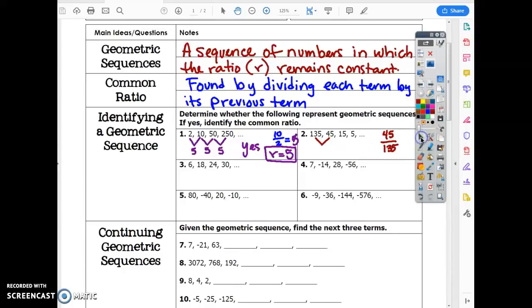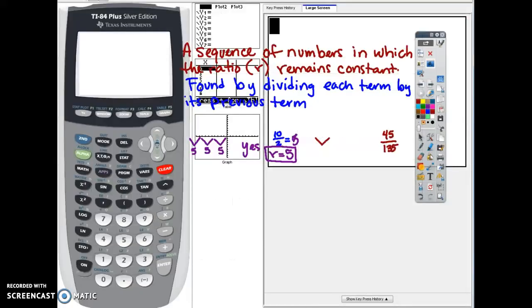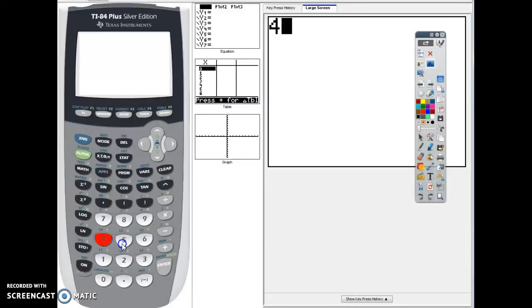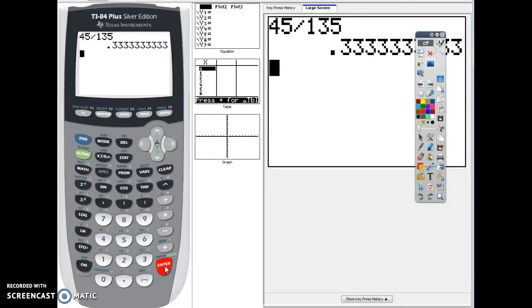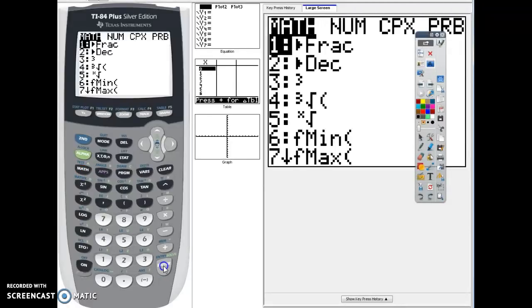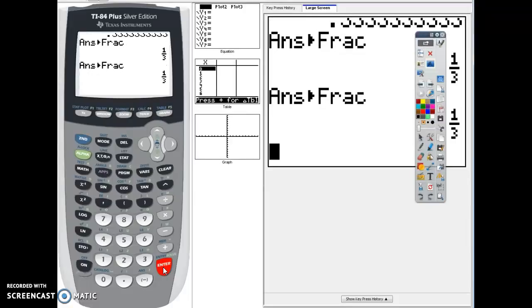So let's use the calculator. 45 divided by 135. Enter. It gives us a decimal, and then we do math, enter, enter, and it gives us 1/3. So the ratio is 1/3 if they all do the same thing.